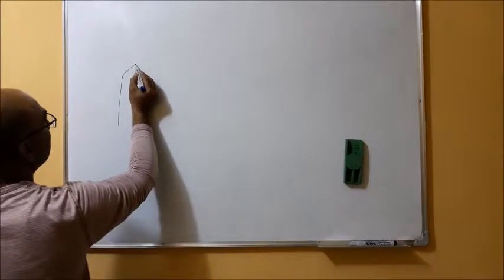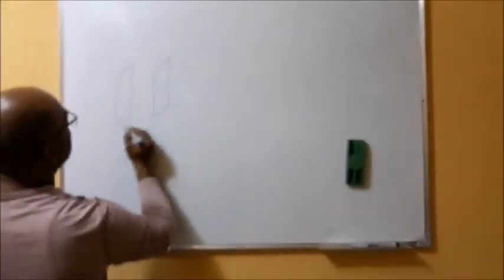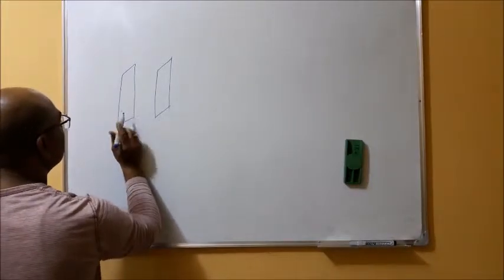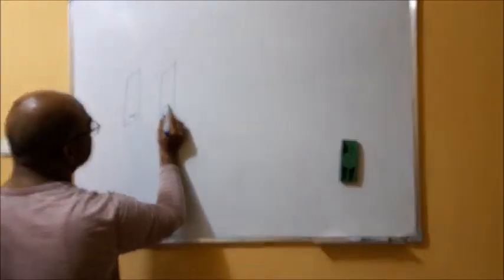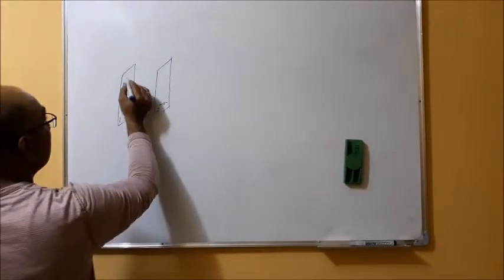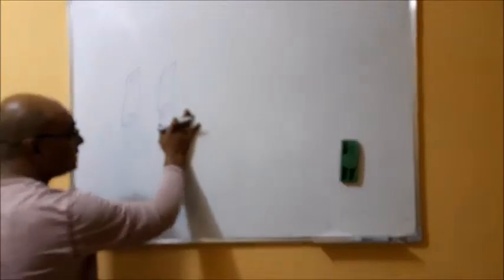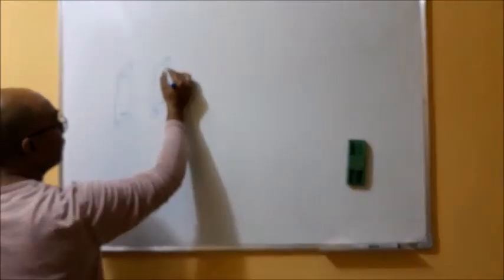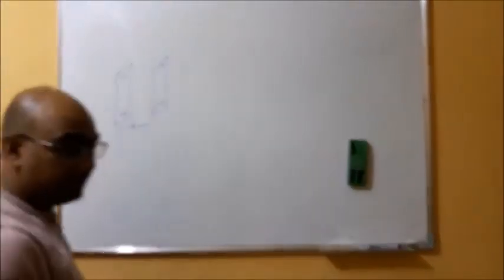If I draw it correctly, these two surfaces are equal in area, right? So this is surface 1, surface 2. Here the surface charge density is minus sigma. Here the surface charge density is sigma. The area of this plate is A. Obviously the area of this plate is also A. Both are the same. And the separation between these two is D.